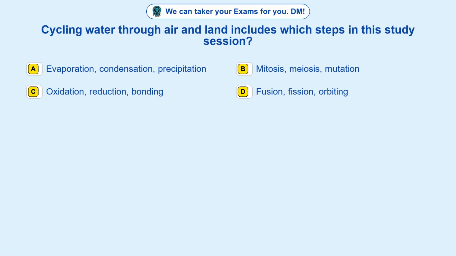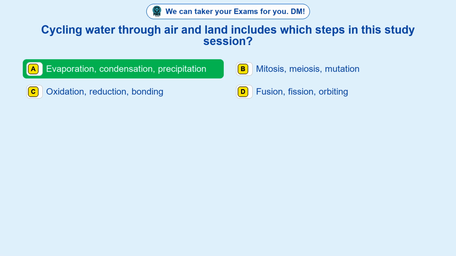Question 87. Cycling water through air and land includes which steps in the study session? Option A, evaporation, condensation, precipitation. Option B, mitosis, meiosis, mutation. Option C, oxidation, reduction, bonding. Option D, fusion, fission, orbiting.